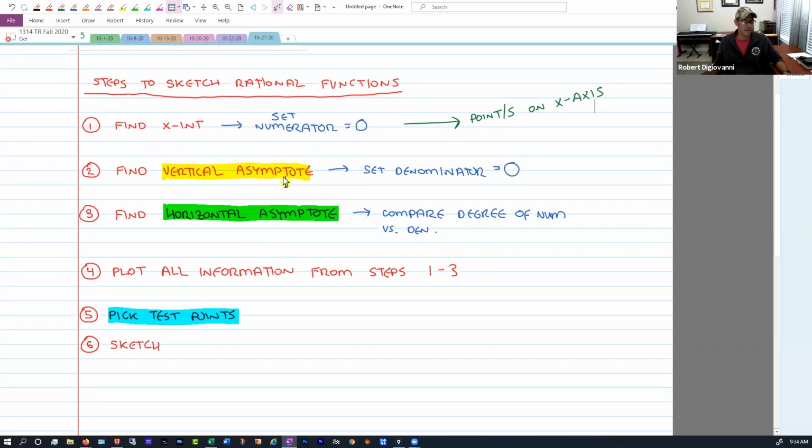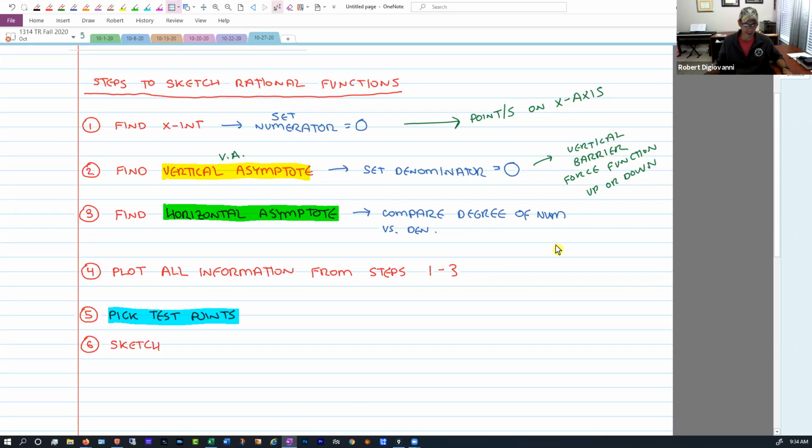Then we're going to try and find these things called vertical asymptotes. And I'm going to abbreviate these VA from here on out. And what these vertical asymptotes are are vertical barriers. Okay, I'm going to refer to them as barriers that force the function up or down.